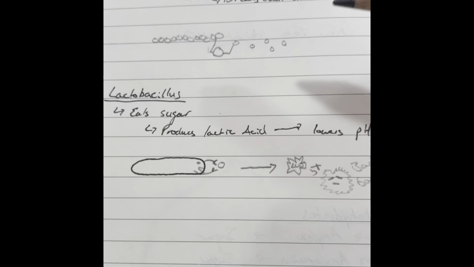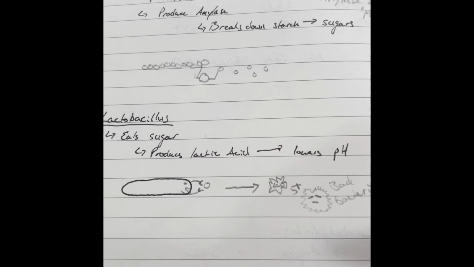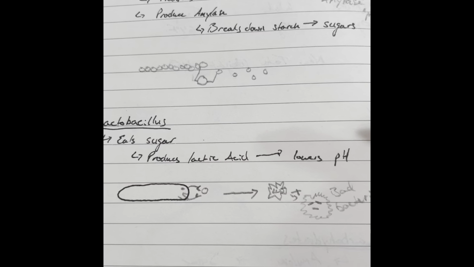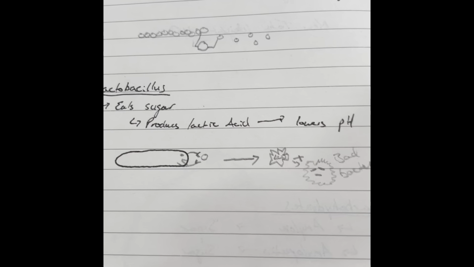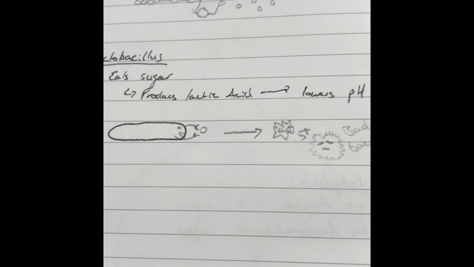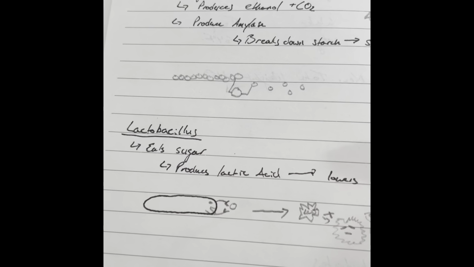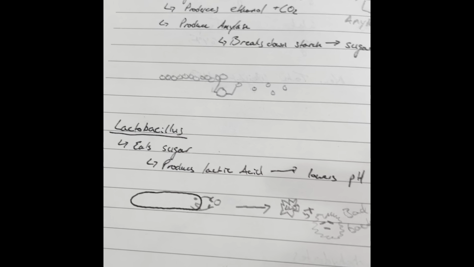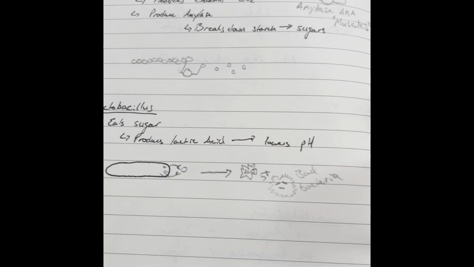This is what makes our bread rise, and makes it rise safely, and keeps it safe for us to eat. Because yes, if you leave anything out on the counter, it can mold and get gross. But because we have these two bacteria fighting for us and keeping the bread safe, it's safe for us to eat. So that's our mini lesson for today.